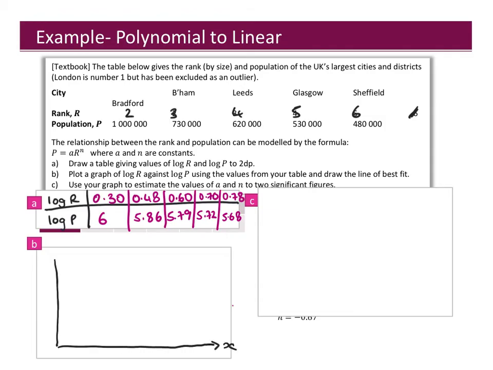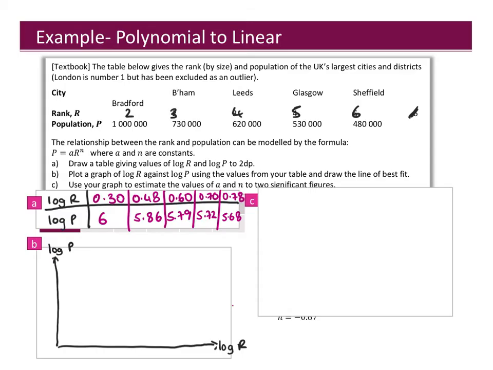I know I've written x and y, but you need to think, what is your x here? Your x is your log r, because it's log r against log p. And instead of writing y, you're going to write log p. And then you're going to plot this.